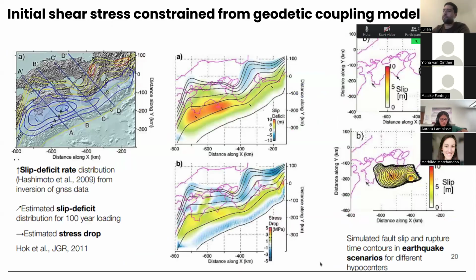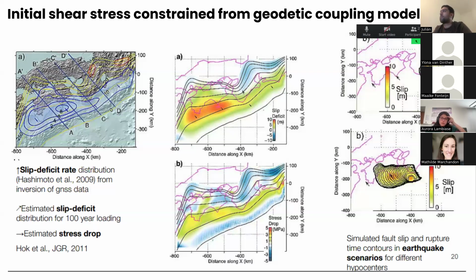We can also constrain initial shear stress from a geodetic coupling model. A coupling model tells you which parts of the fault accumulate stress and in which parts the stress is continuously released by fault creep.